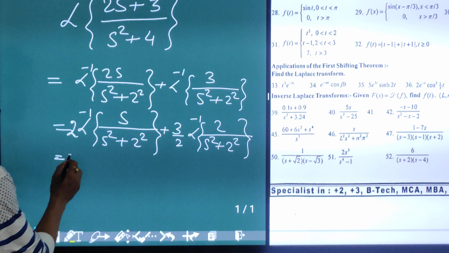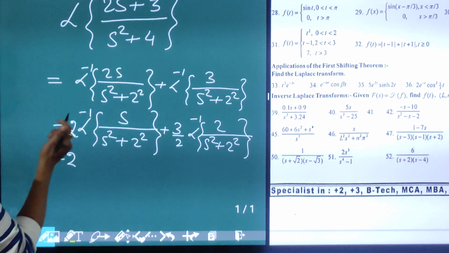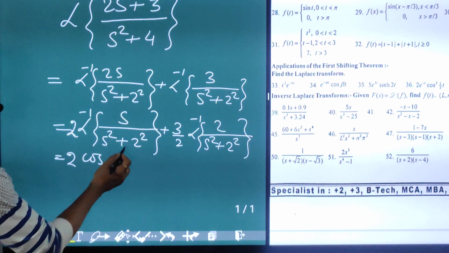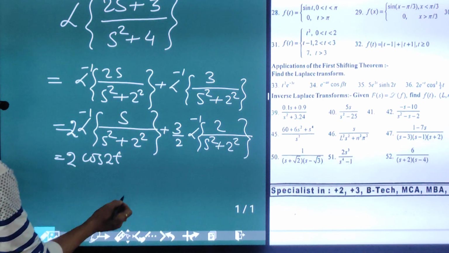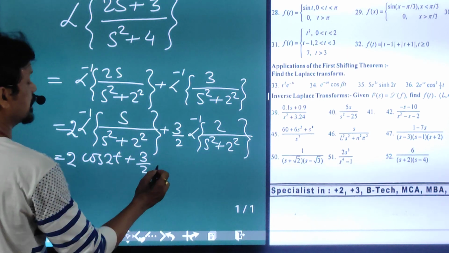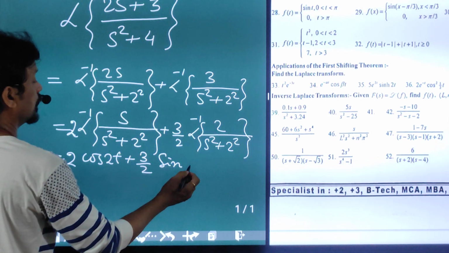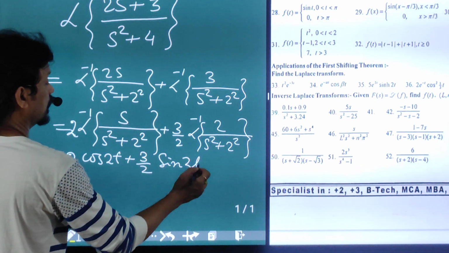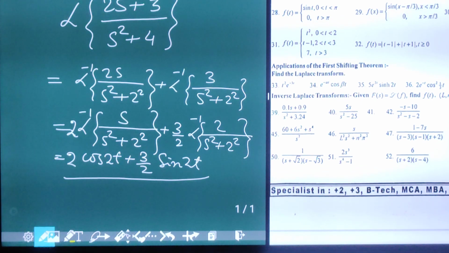So now 2 into, see here, s is there, so cos, plus is there, so trigonometric, cos 2t, plus 3 by 2, constant is there, so sine, and plus is there, so trigonometric function sin 2t. So this is the answer.